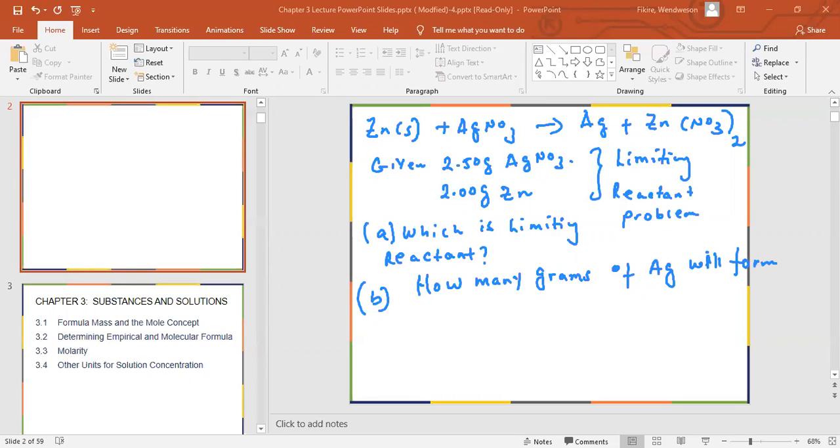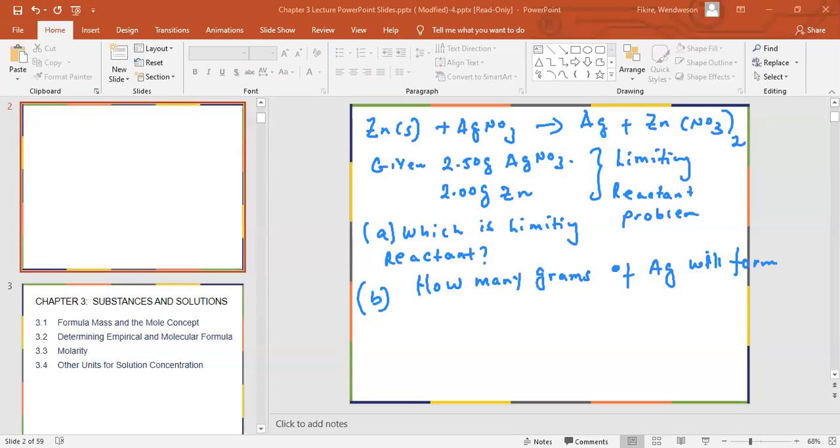You have to first start balancing with the polyatomic ion, so look for nitrates. If anybody wants to help me, I appreciate that. Marcus or anyone, I'm just writing what you said. To balance this one on the reactant side, I would put a coefficient of 2 before the silver nitrate.